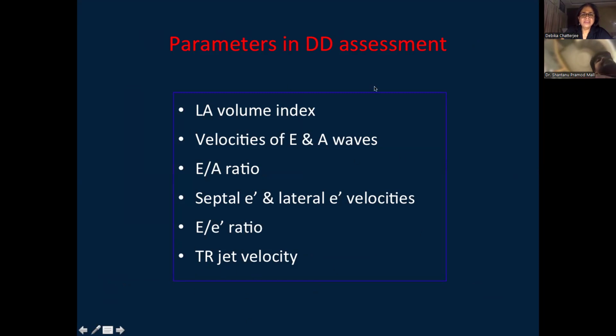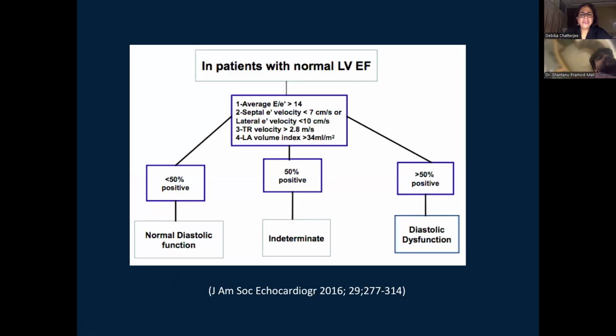Now, utilizing these criteria, the ASE has given us how to diagnose diastolic dysfunction in a patient with normal LVEF, or how to grade the diastolic dysfunction in a patient with myocardial disease with normal or reduced LVEF. Now, see, what is there in the guideline? There are 4 criteria.